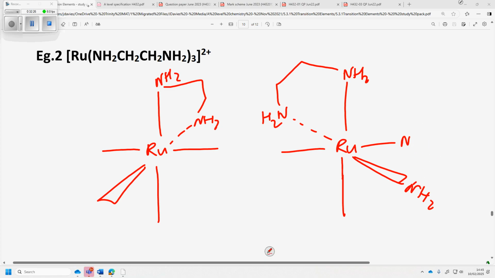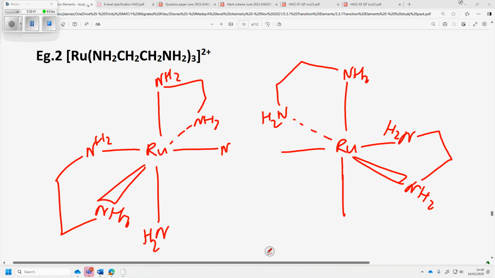Let's draw that a little bit better. Square brackets.